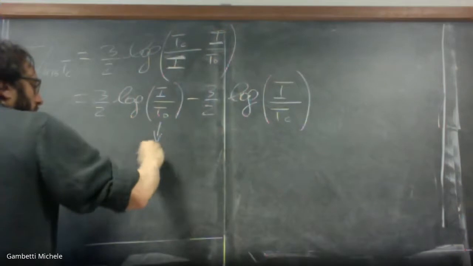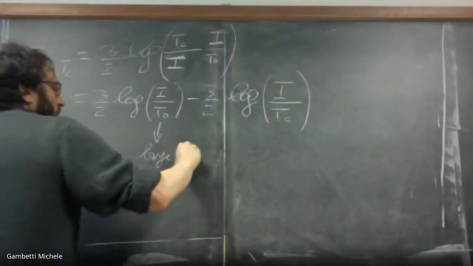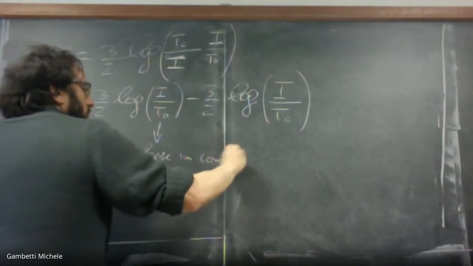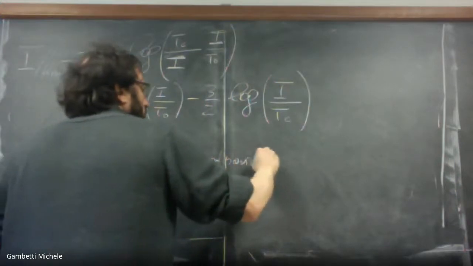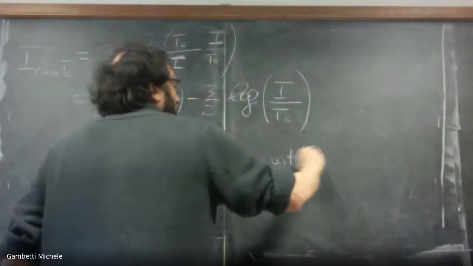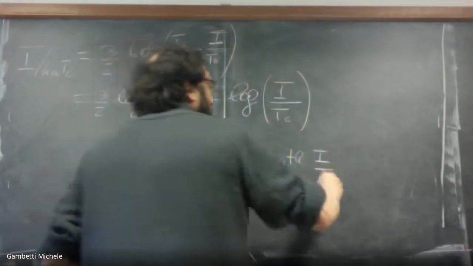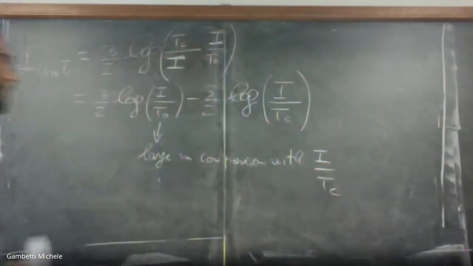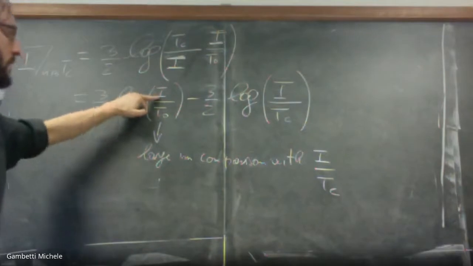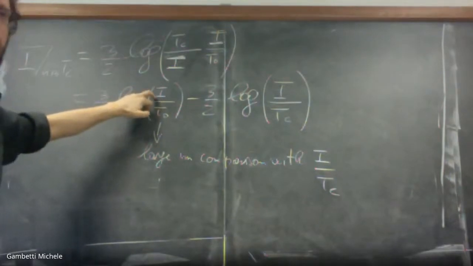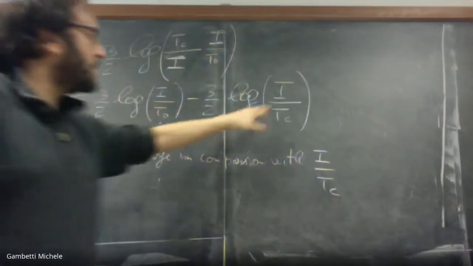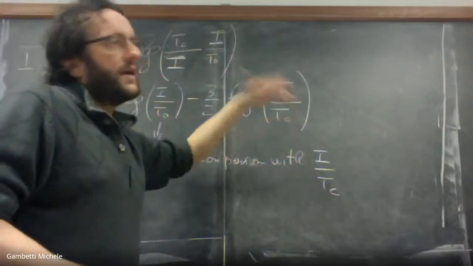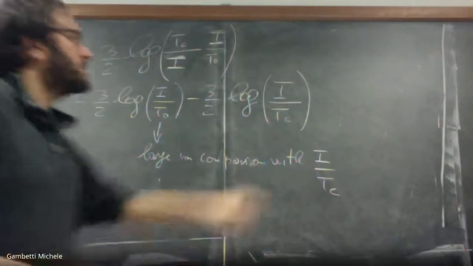So this is large in comparison with I divided by Tc, because here I have a factor of 10 to the 4 Kelvin divided by a few Kelvin, whereas here I have 10 to the 4 divided by a temperature which will be closer.